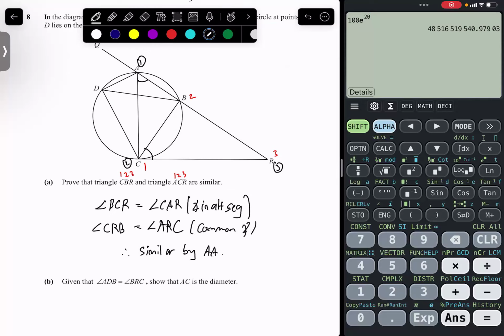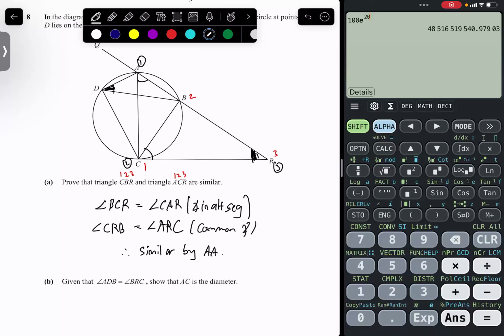Given that angle ADB equals angle BRC. BRC is this angle. Just now we proved that BRC equals CRA, which is the same common angle. So they're telling me that this angle equals angle ADB, so these angles are the same.